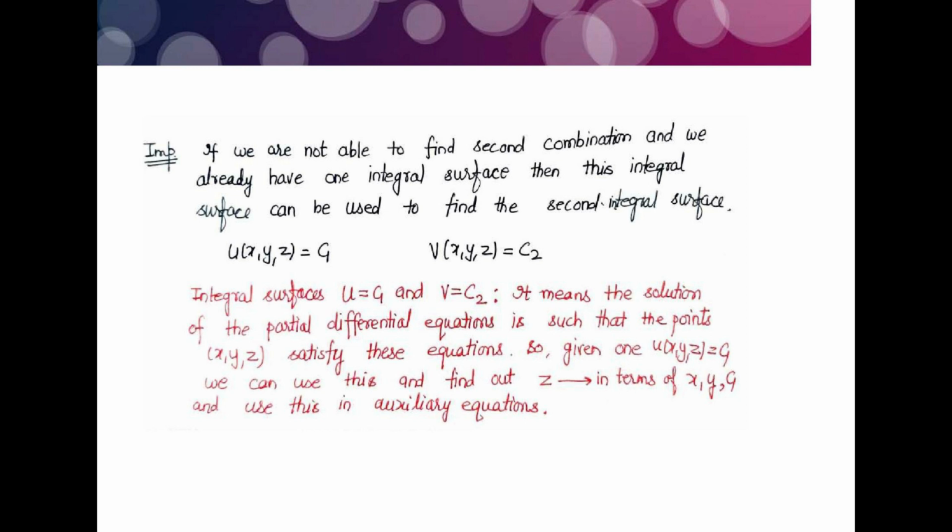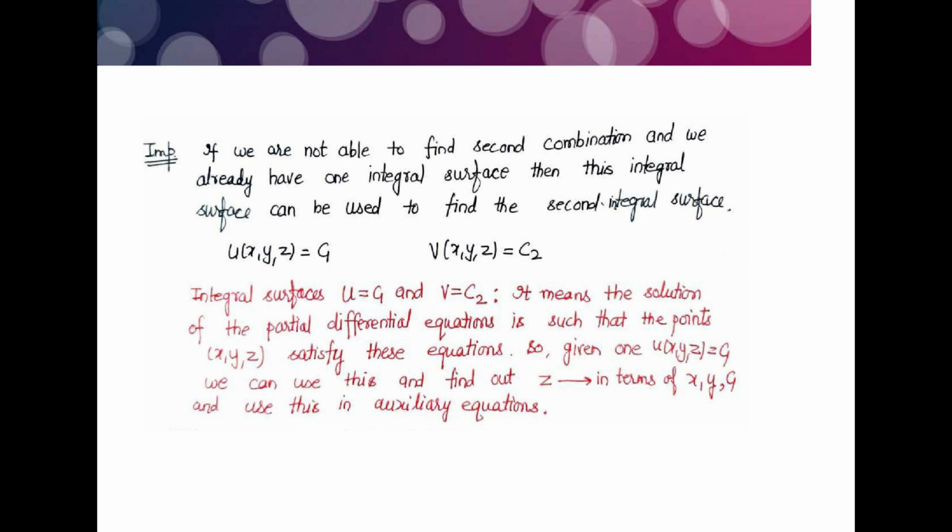So we have two surfaces actually, u as a function of xyz equal to constant c1 and v as a function of xyz equal to c2. Now this integral surface u equal to c1 and v equal to c2 means that the solution of the partial differential equation is such that the points xyz lying on the surface, that is the general solution, satisfy these equations.